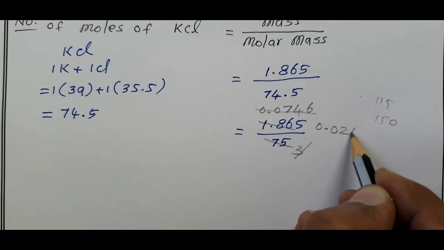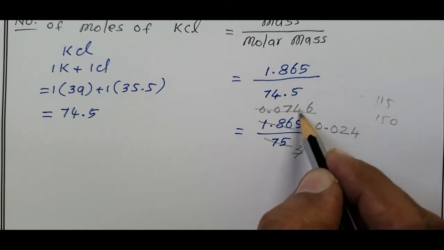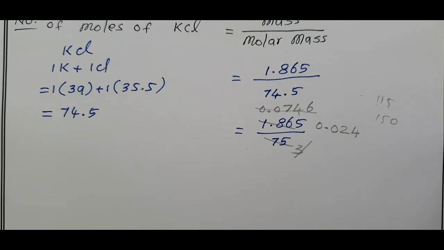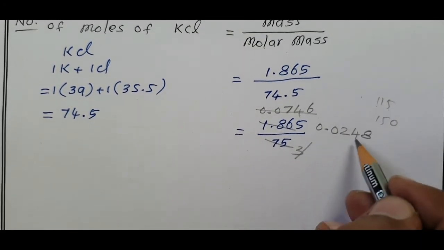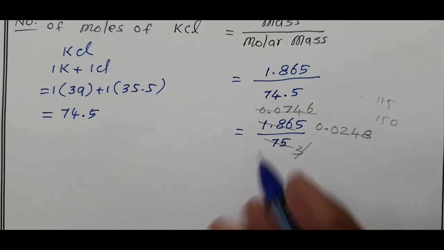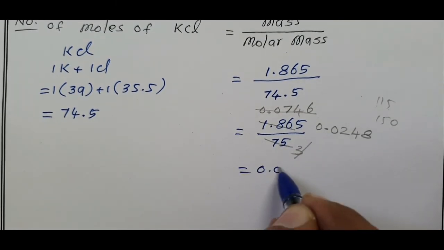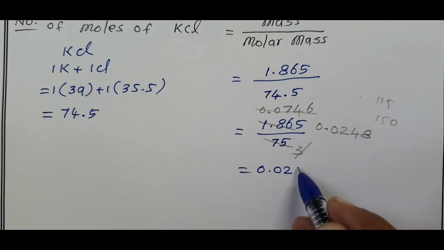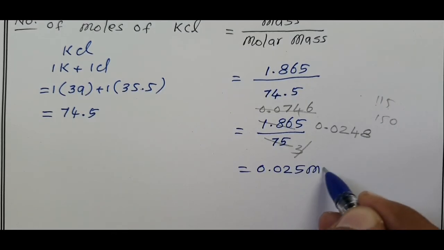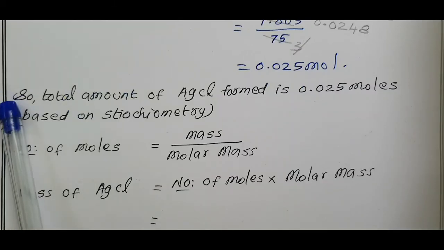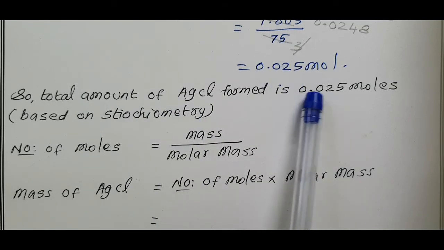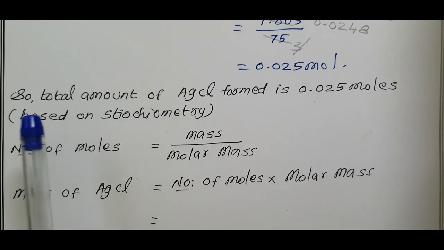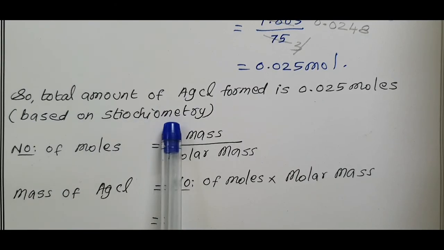Then 4 3s are 12, remaining 2, 26. 8 3s are 24 and so on. So this value is approximately taken as 0.02. Adding 0.005 to this gives 0.025 mole. So the total amount of AgCl formed is 0.025 moles. This is based on stoichiometry, the balanced chemical equation.